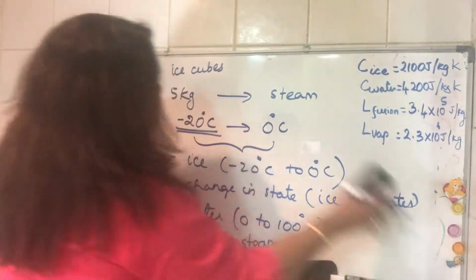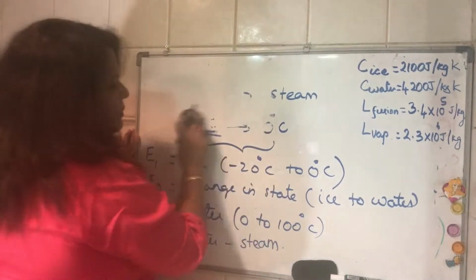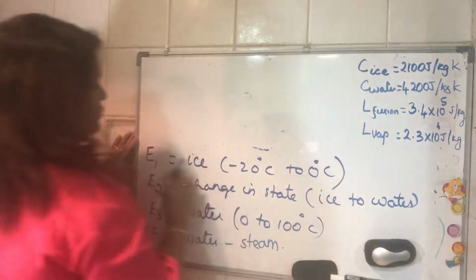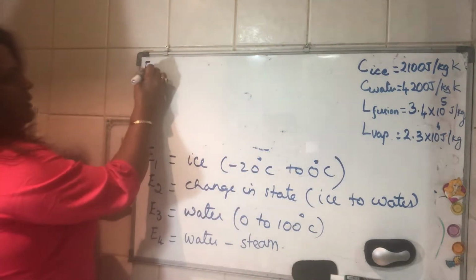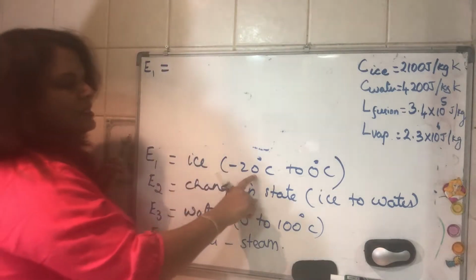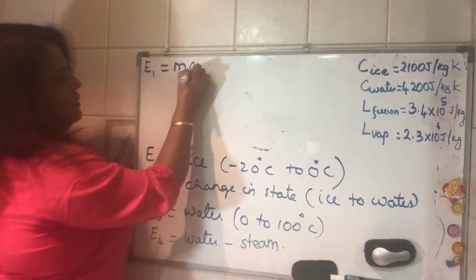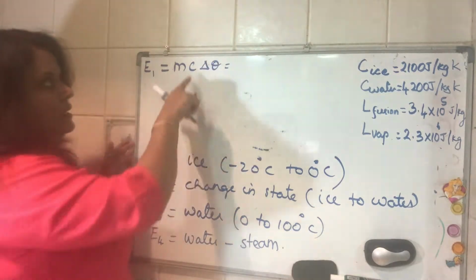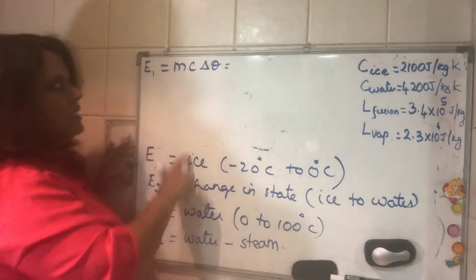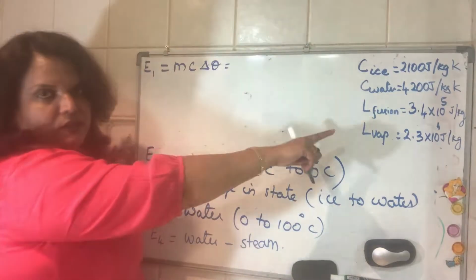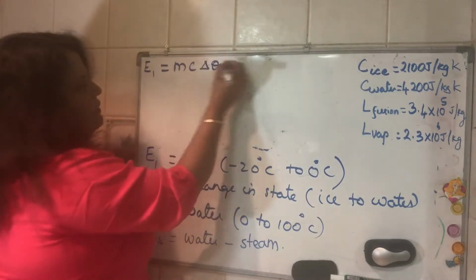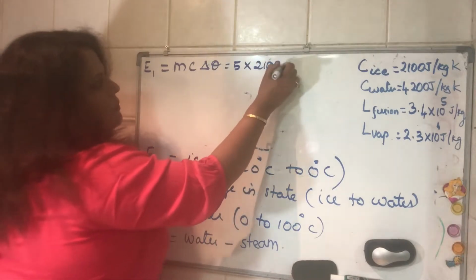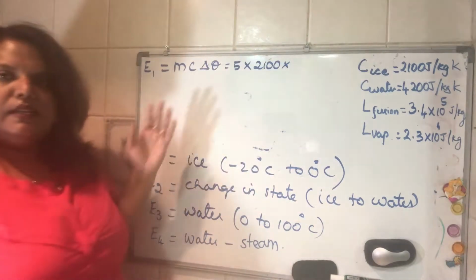Now, what are the formulae for these sections? For E1, since it is just a change in temperature, you will be using the formula mc delta theta, right? Here you have to be careful. You will be using c of ice, not water. That's a common mistake. I gave you the mass as 5, so 5 multiplied by 2100 multiplied by delta theta.